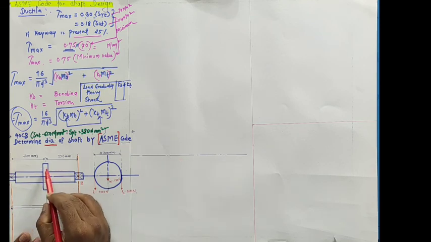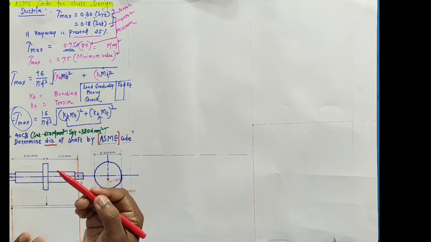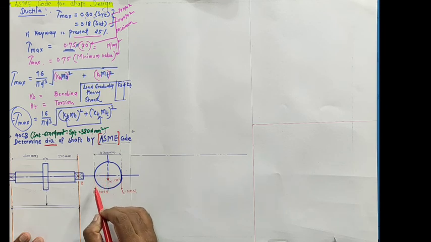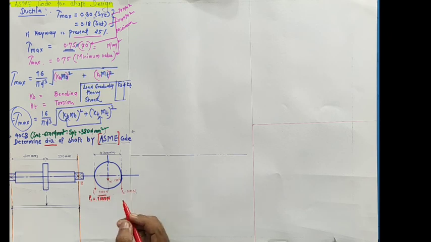Now the pulley is situated, and a pulley means it has a belt drive. In the side view they have given the pulley load condition, tension on the tight side and the slack side. The values are given: P1 is equal to 1000 Newton, and tension on the slack side is 500 Newton.